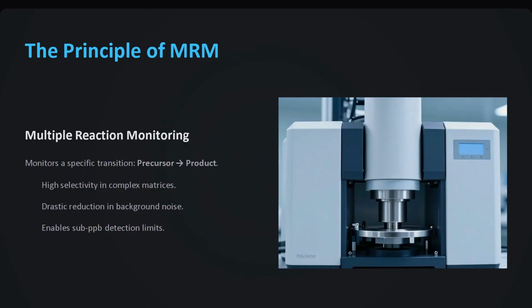The key analytical technique used in triple quadrupole instruments is called multiple reaction monitoring, or MRM. In MRM mode, the instrument monitors a specific transition between a precursor ion and a product ion. First, Q1 selects the precursor ion corresponding to the molecule of interest. Next, fragmentation occurs in the collision cell.